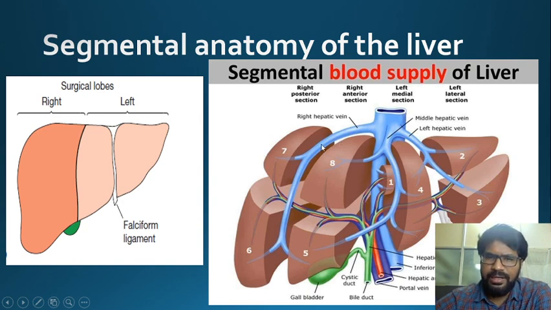The right hepatic vein enters the IVC independently, whereas the left and the middle join together within the liver parenchyma and then open into the IVC. This IVC is present in a groove in the posterior aspect of the liver. Above, it pierces the diaphragm and continues to the right heart, and below it receives the renal branches.